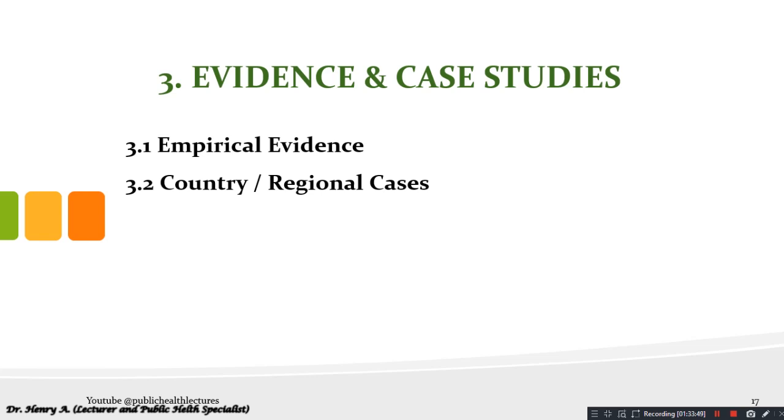Let's now look at other low and middle income countries. For example, in the Asia Pacific region, effective PHC interventions include non-physician workers, that is task shifting. You have non-physician workers playing one or two roles. They also have integration of services, outreach mobile clinics, and community health worker programs.